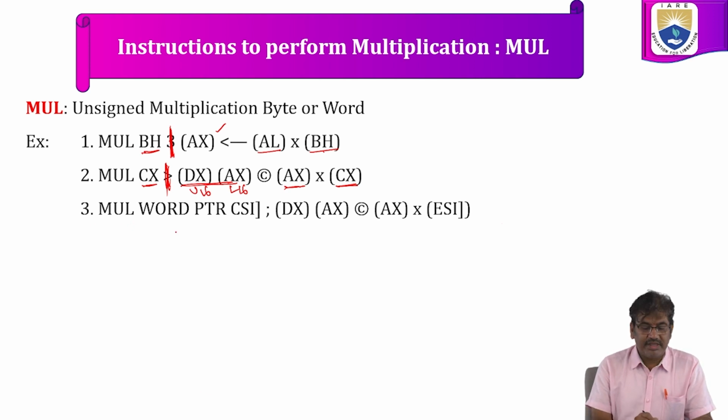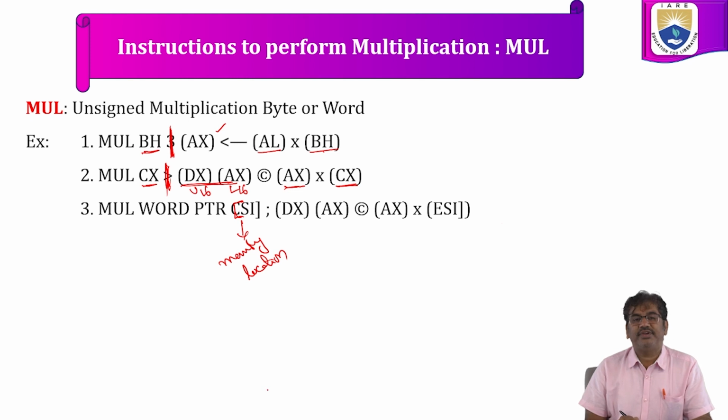Next, MUL WORD PTR [SI]. Here we are using word pointer, so whatever the location you are considering, that is SI, this will correspond to a memory location. What is the size of data? The memory location contents which you are going to access is a word. So this instruction is for a 16-bit multiplication.